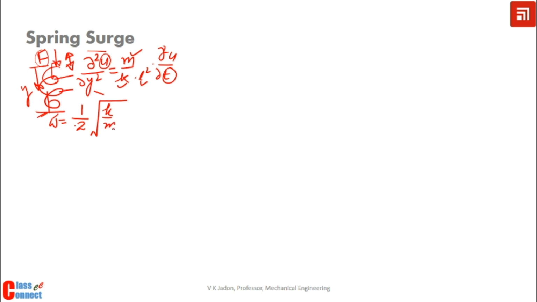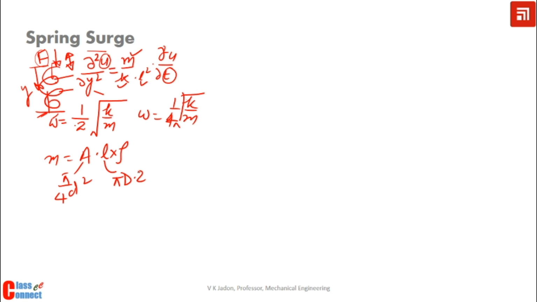1 by 2 square root of k by m. If both ends are fixed, then this is given by 1 by 4 square root of k by m, and m we can find out: it is area into length into density, that is volume times density. Area is pi by 4 d squared, length is pi d into n, and density is density.